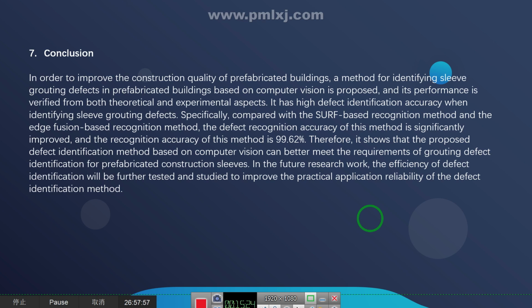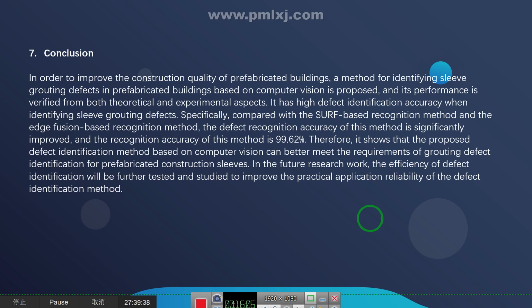The defect recognition accuracy of this method is significantly improved, and the recognition accuracy of this method is 99.62%. Therefore, it shows that the proposed defect identification method based on computer vision can better meet the requirements of grouting defect identification for prefabricated construction sleeve.